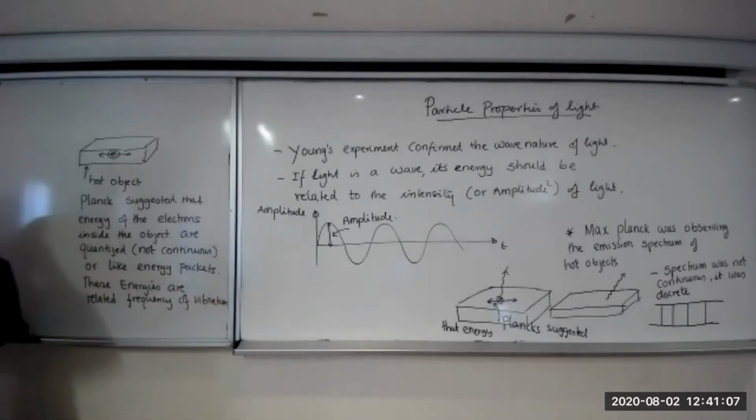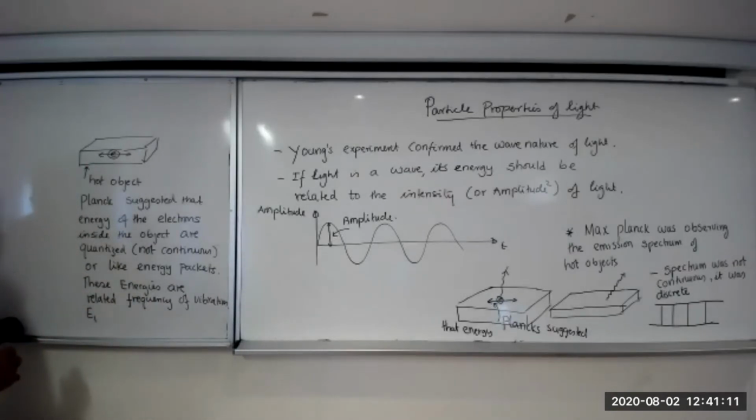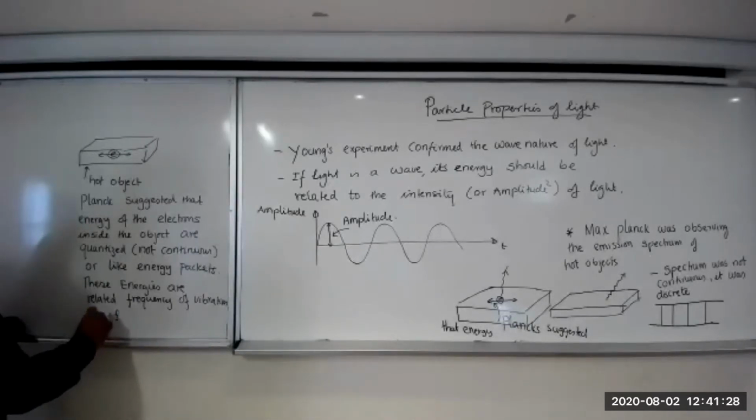So that means some electron may have an E1 amount of energy. He was saying it might be related to 5 times the frequency. Just say E5, 5F.